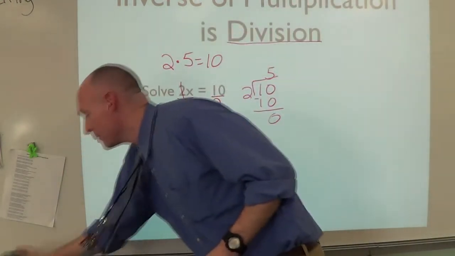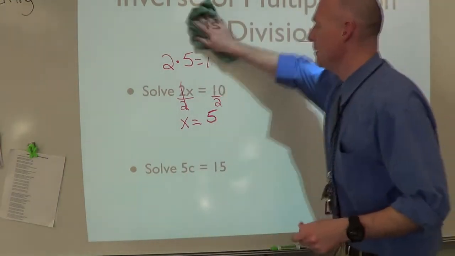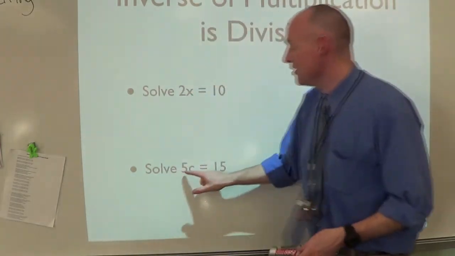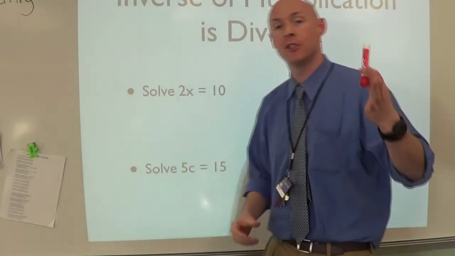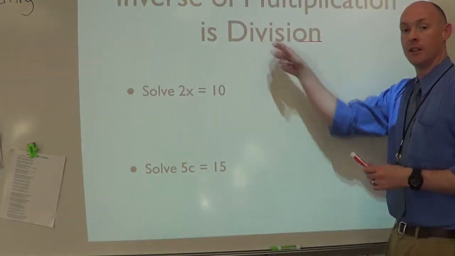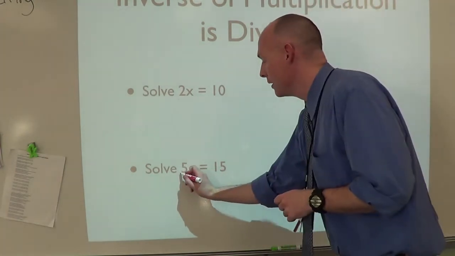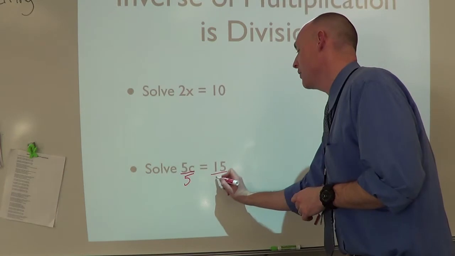Here's another one down here. This is solve 5 times c equals 15. And because the side that our variable is on is doing multiplication, we have to do the inverse, which is division. So let's divide both sides by 5. Divide by 5. And we will also divide this by 5.